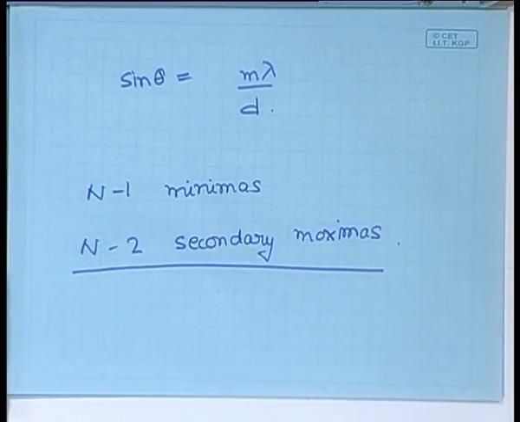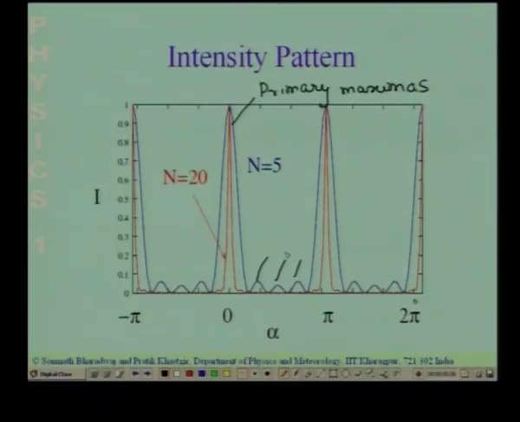As you can see here, there are two things. The secondary maximas have a much lesser intensity as compared to the primary maximas. The other point to note is, as I increase the number of oscillators, the number of zeros in between the 2 primary maximas increases.